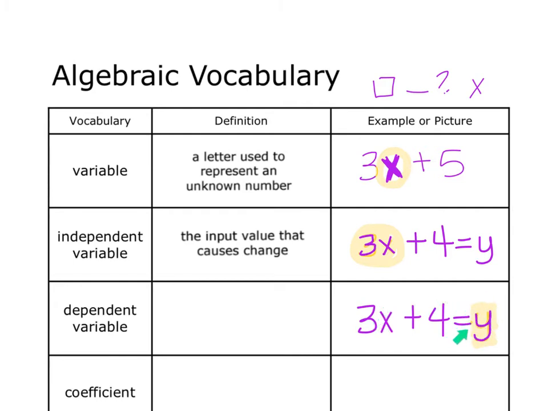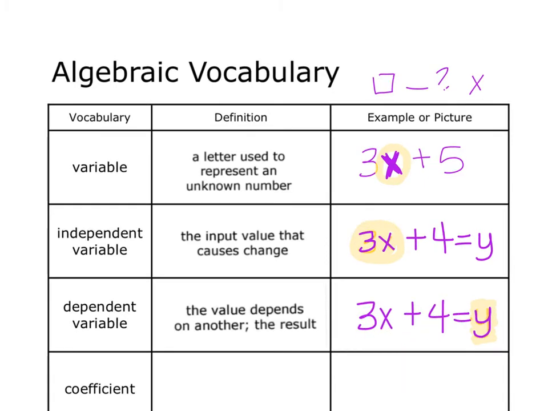This y is dependent on whatever is going on over here. So we can say our definition is the value depends on another. It is the result. Again, this equal sign means equivalent. It does not mean solve, but it says whatever's on this side is equal to this side, but we don't know what that is until we solve this part.